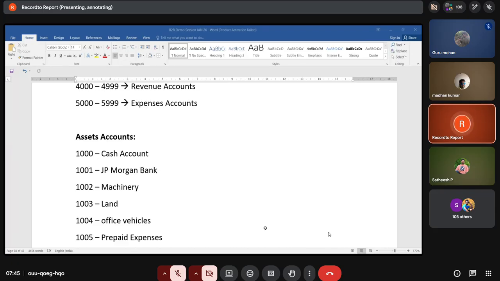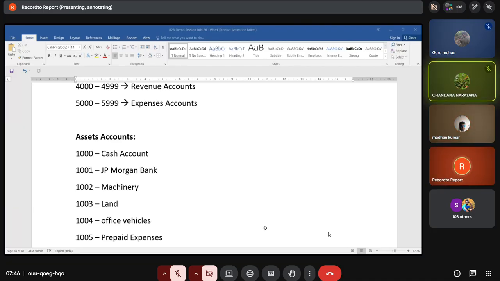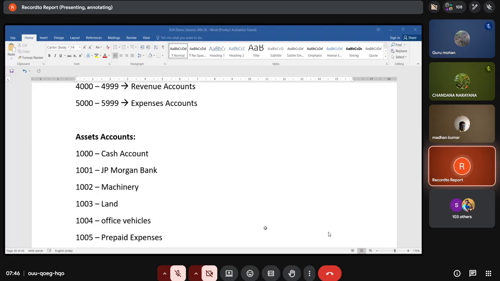For the finance department, assume 10 employees, paid 10,000 rupees each. What is the total amount for the finance department? 1 lakh. For example, in the engineering department, they pay 25,000 and there are 5 people. What is the total salary for engineering? 1 lakh 25,000. I'm just giving a suggestion, guys.